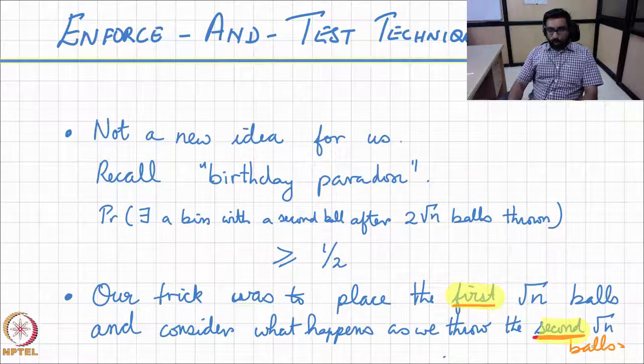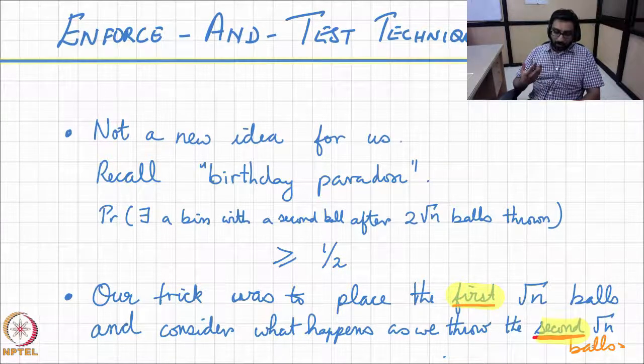So we place the first square root of n balls, and this imposes a structure that we can then exploit. So the first square root of n balls means that when they are thrown into the n bins, square root of n bins are non-empty, and every subsequent ball that is thrown has a 1 over square root of n chance of falling into one such bin, and that's what we exploited.